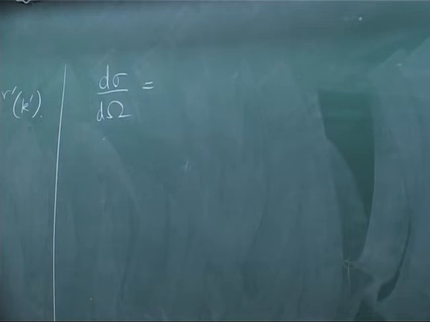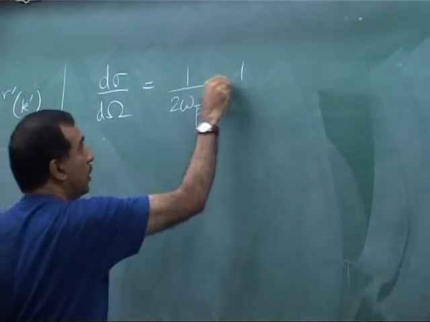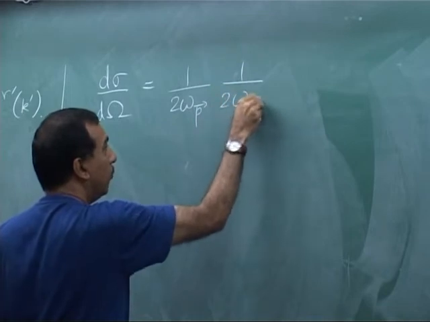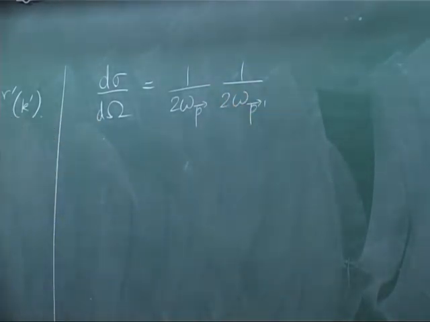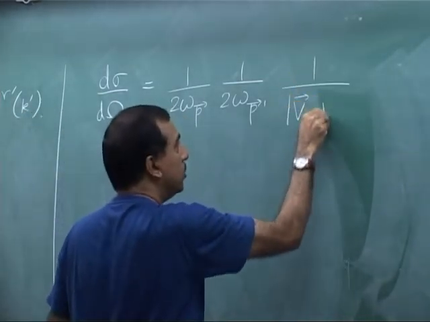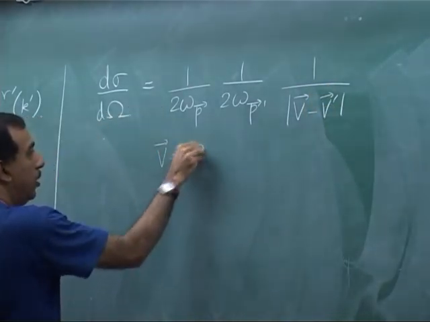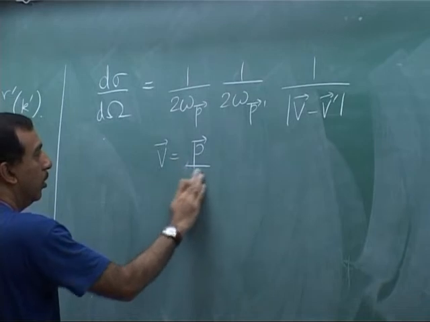So the answer is, with the conventions I'm already using, these are factors for the incoming electron and positron.